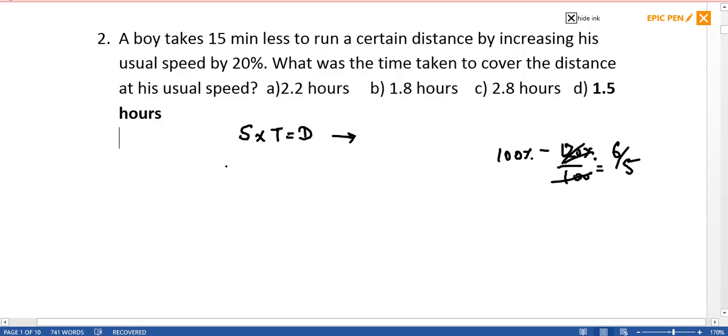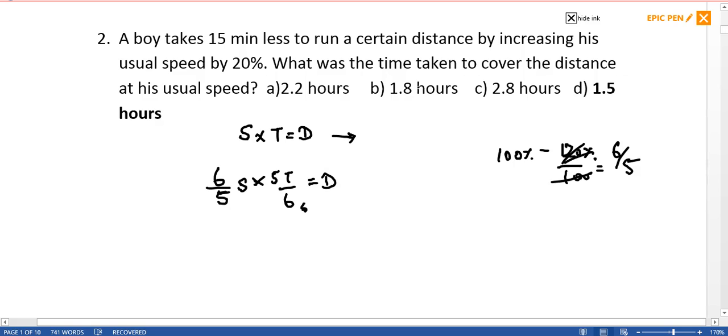So now my speed becomes 6 by 5 speed. If the speed gets multiplied by some number, time gets divided by the same number. Divided by 6 by 5, this 5 will go to the top, so this is 5 by 6 t, and I cover the distance d.